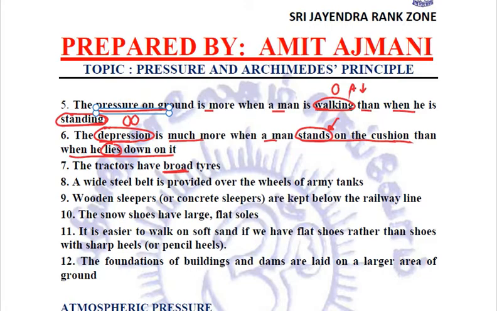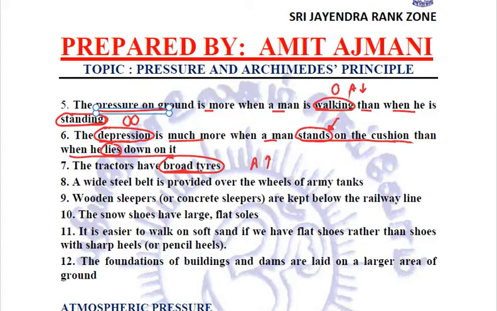So the tractors have broad tires, because being broad, the area is increased, due to which the pressure they exert on the ground or on the soil is less. Had it not been the case, then the wheels of the tractor would have got inserted in the mud, making it very difficult to work. So again, the concept is increasing the area leads to decreasing the pressure.